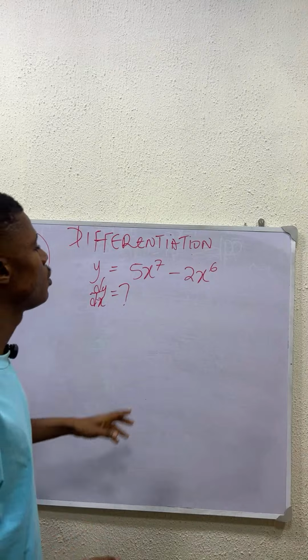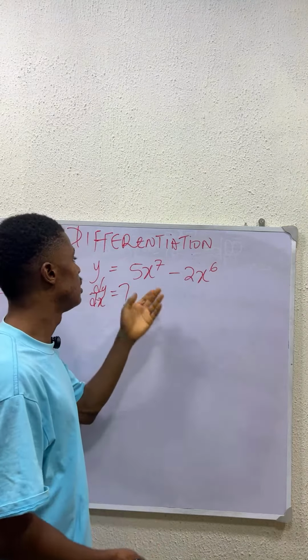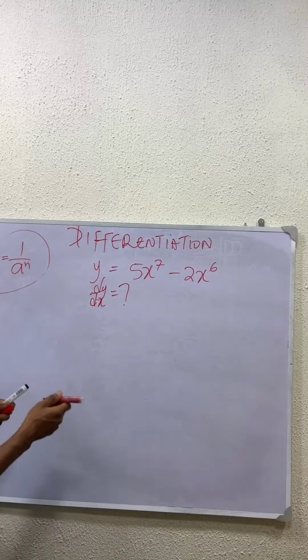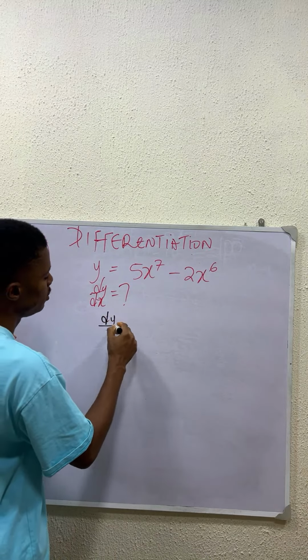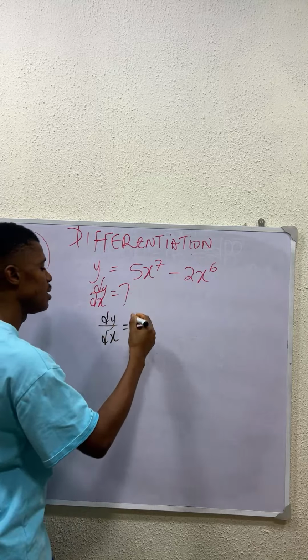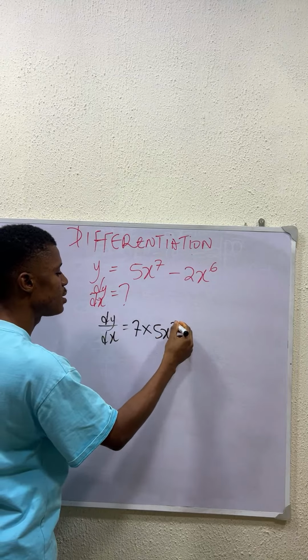That is, you have to differentiate each term in the expression. When we are trying to differentiate dy/dx, we apply the rule. We multiply 7, so we have 7 times 5x to the power 7.